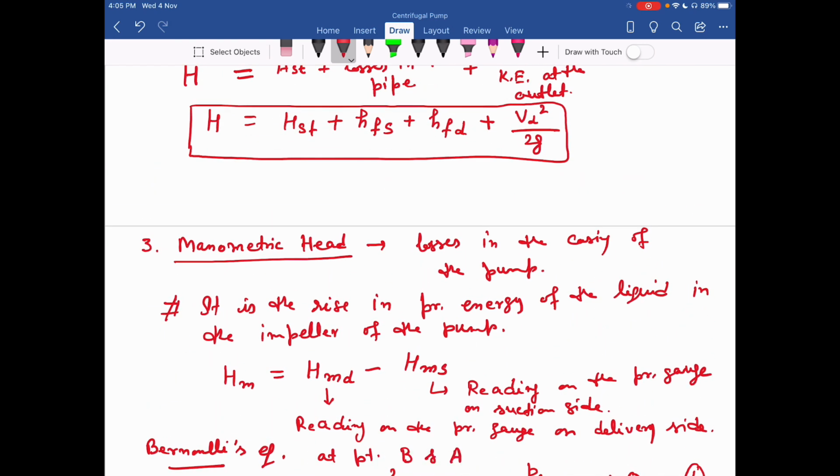In total head, we have the velocity head corresponding to the velocity in the delivery pipe, that is Vd.